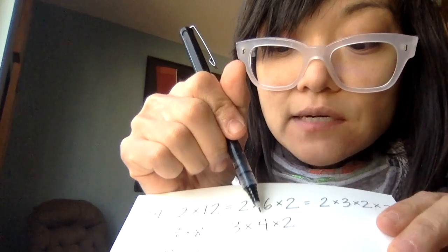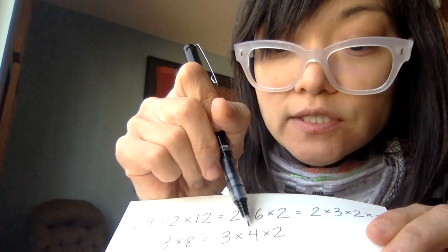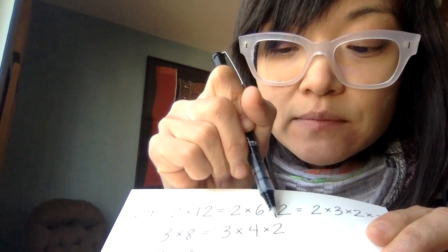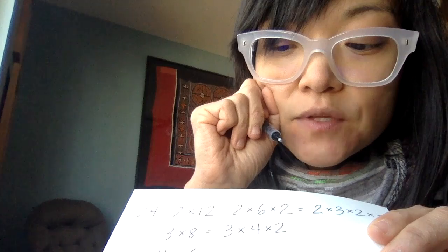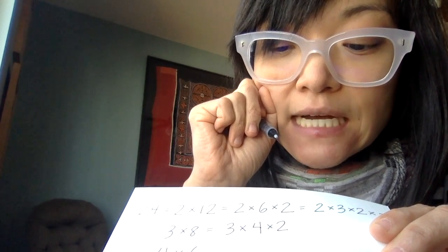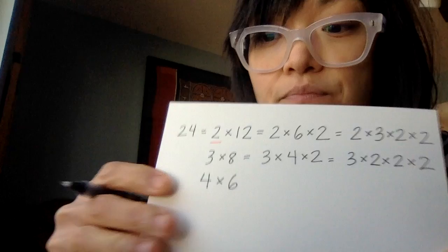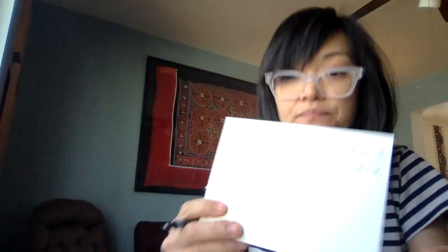But we can actually break this number down to its prime factors, to prime numbers. 3 times 4 times 2. When we take the 4, we can say 3 times 2 times 2 times 2. So let's write that. 3 times 2 times 2 times 2. I'm going to underline this prime number here.